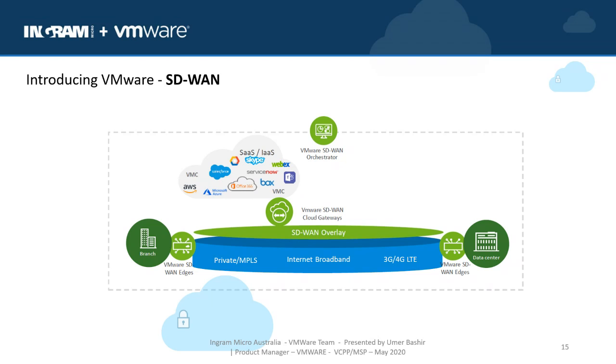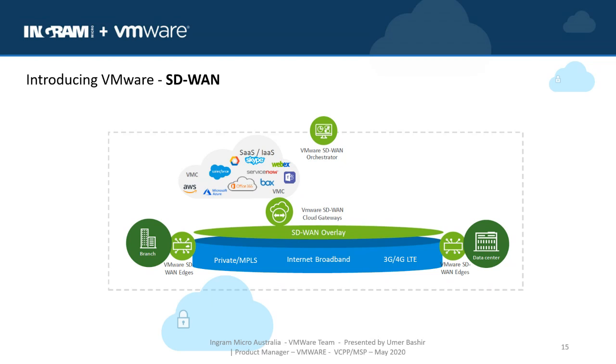So it's a software-driven wide area network for you, and this remediation helps you gain a better customer experience, because they would not see any latency or packet loss in the process.